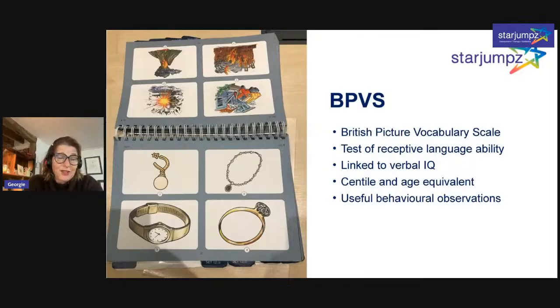Others will chop and change and will say the number of the picture, and then they might point, then they might describe the picture. Some children don't want to say anything, don't want to point themselves, but they might get a favorite cuddly toy that they've brought with them to give the answers for them.